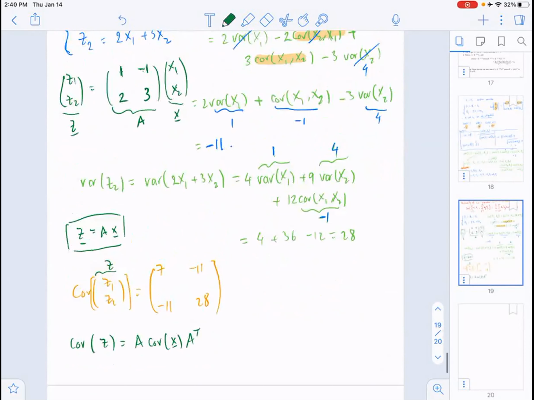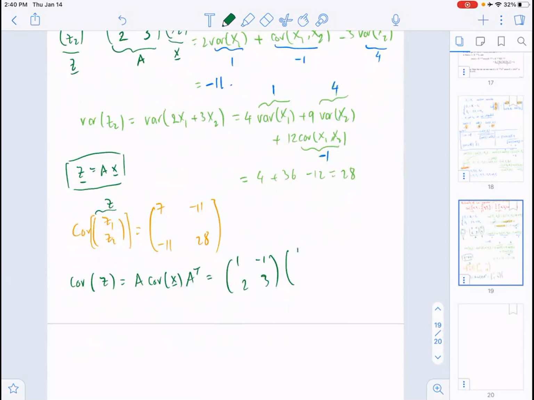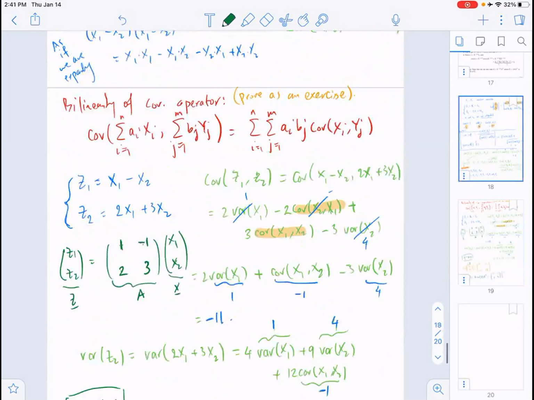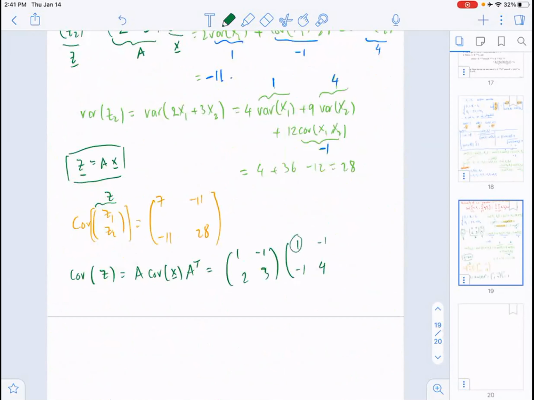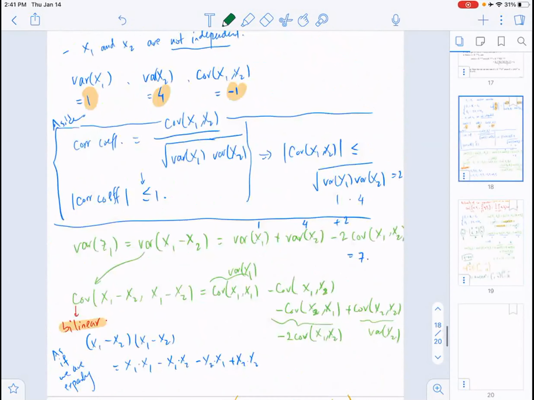So what I would get is 1, -1, 2, 3. Covariance of x is 1 here, 4 here, -1, I guess. That's our data. So that's the variance of x1, the variance of x2, and this is the covariance. Right, I'm using this information that I have here.